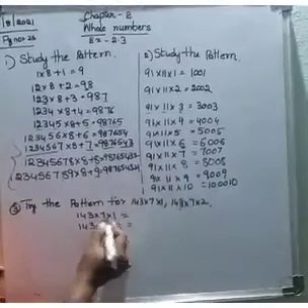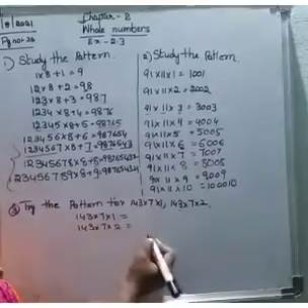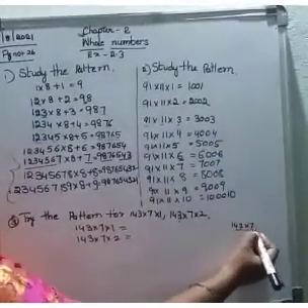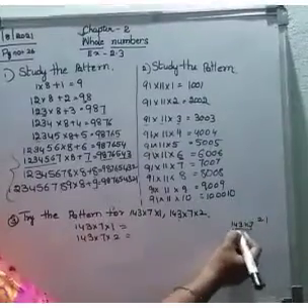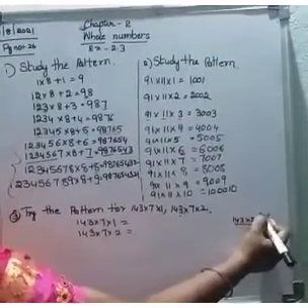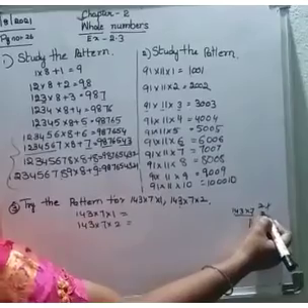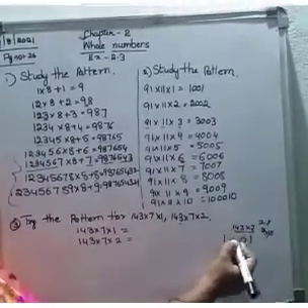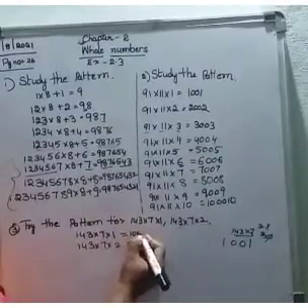Here 7 ones are 7. Let's observe this. 143 into 7. 7 3s are 21. 7 4s are 28. 28 plus 2, 30. 7 ones are 7. 7 plus 3, 10. 1001 comes here.